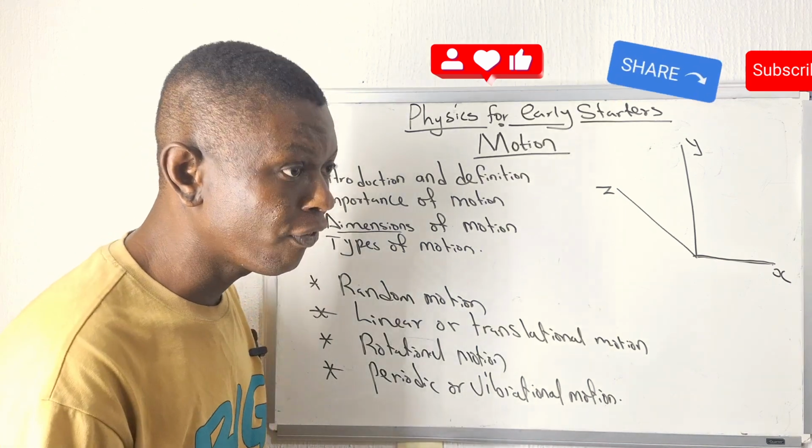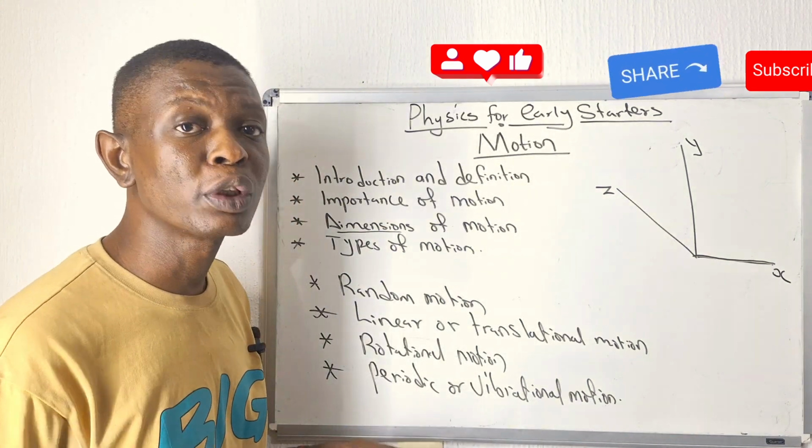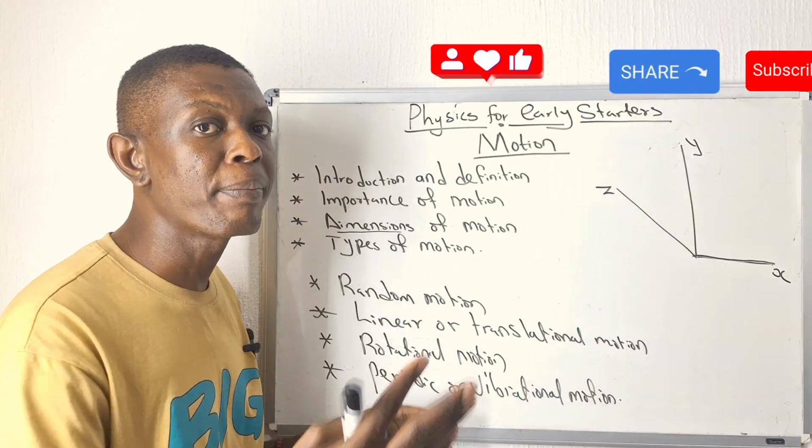So guys, these are the major four types of motion. Although there's another aspect of motion which is called relative motion, but it is not a type of motion.